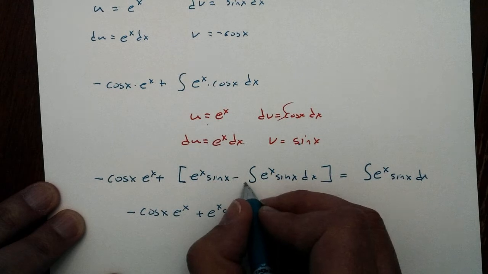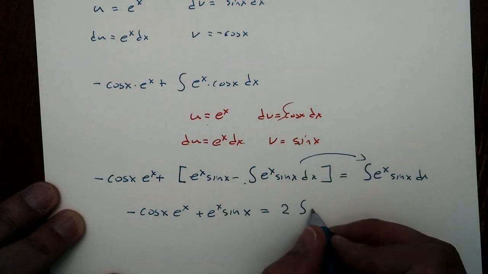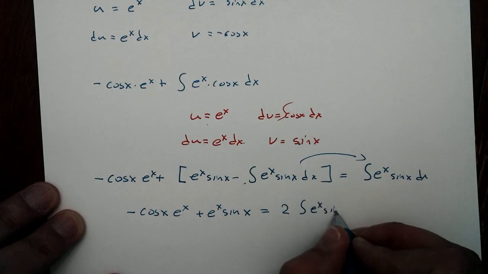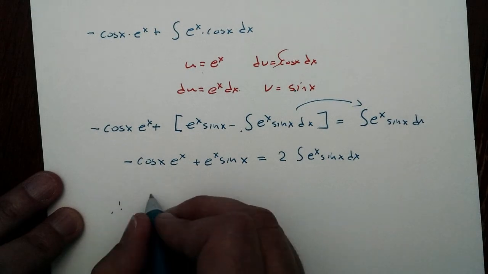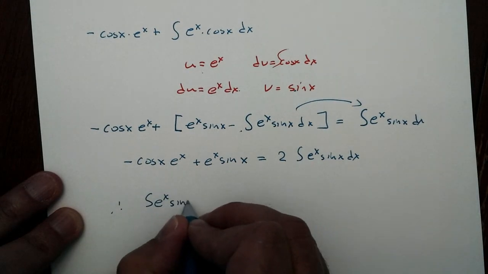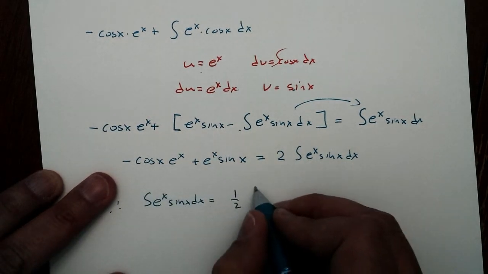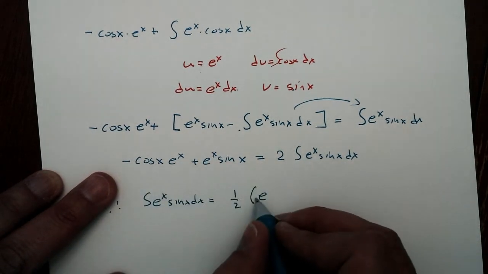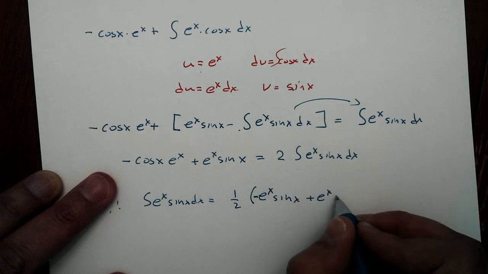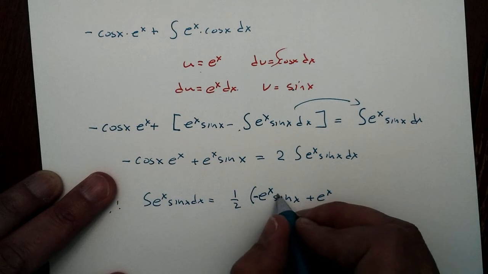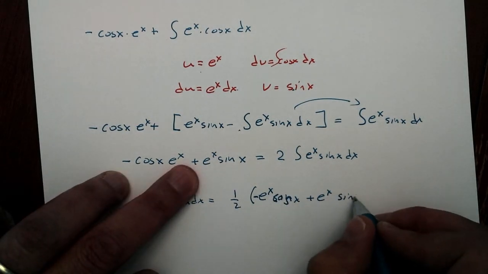Now I'm going to bring this over by adding it, and that becomes 2 times the integral of e to the x sine of x dx. So how do I solve for the integral then? Well, therefore my integral of e to the x sine of x dx is just equal to half of this. 1/2 of, I'm going to write this as negative e to the x cosine of x plus e to the x sine of x.